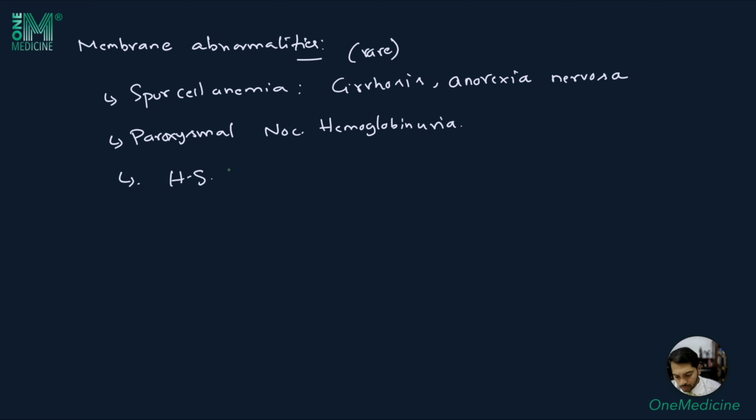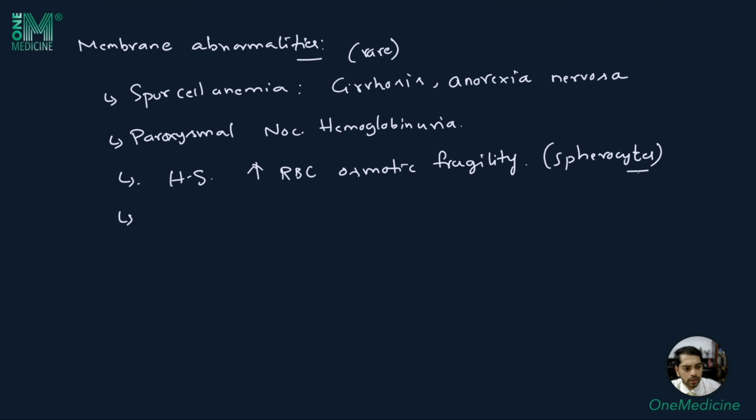Hereditary spherocytosis leads to increased RBC osmotic fragility and leads to hemolysis. Also, spherocytes can be seen in the peripheral smear. Hereditary elliptocytosis follows a similar mechanism to hereditary spherocytosis, but only mild anemia is seen.